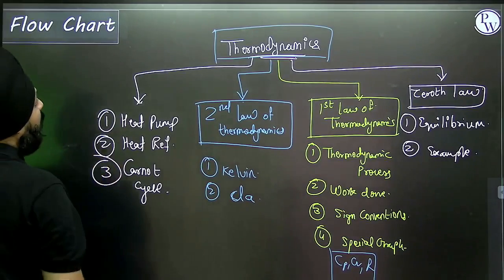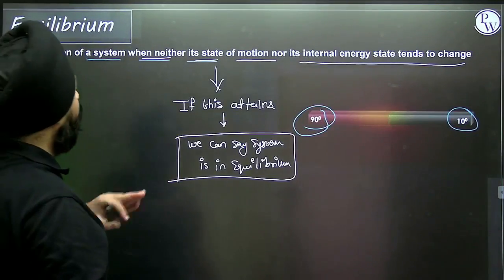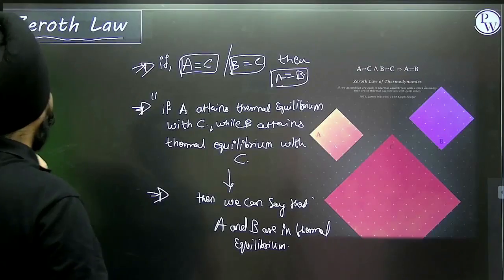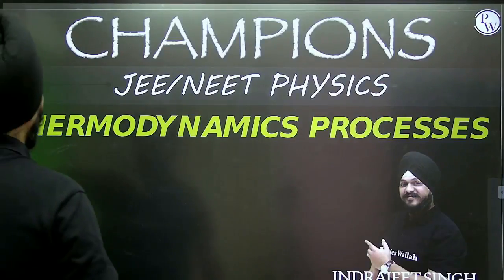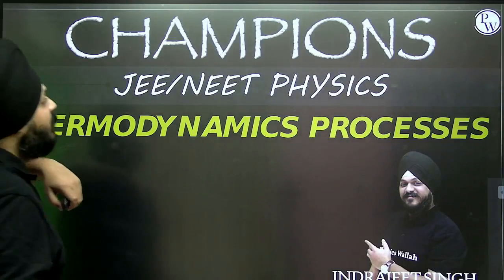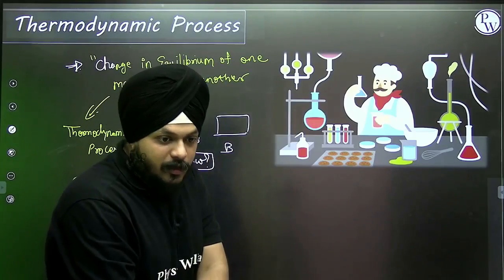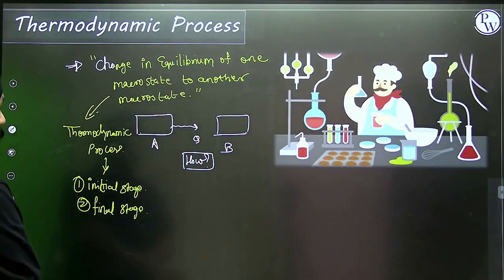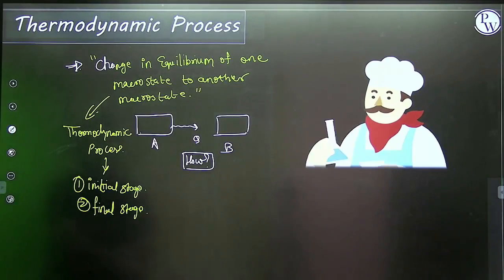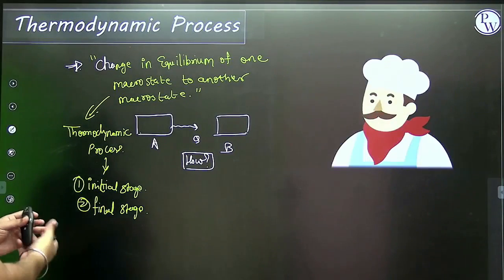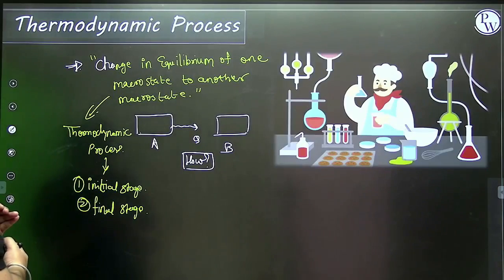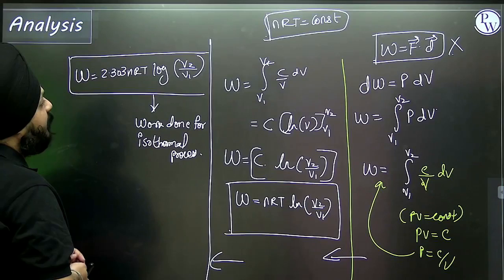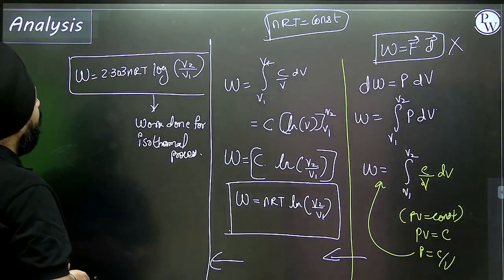After that, we moved on to the zeroth law. Before moving on to that, we understood what actually equilibrium is and how many types of equilibrium there are. After that, the zeroth law, and then we moved on to the thermodynamic processes. We saw the actual definition of the thermodynamic process, and after that we moved on to the types of thermodynamic processes and their related work done. The first one is the isothermal process, and the second was this work done.